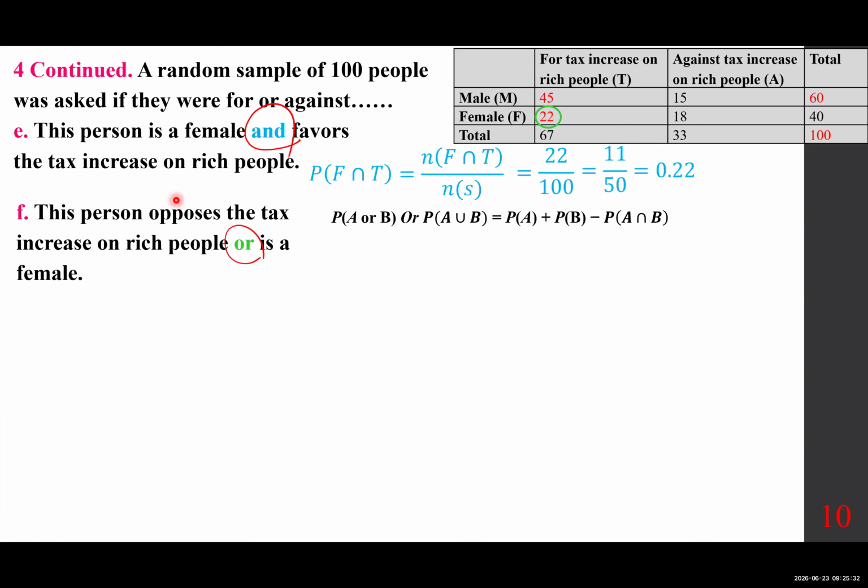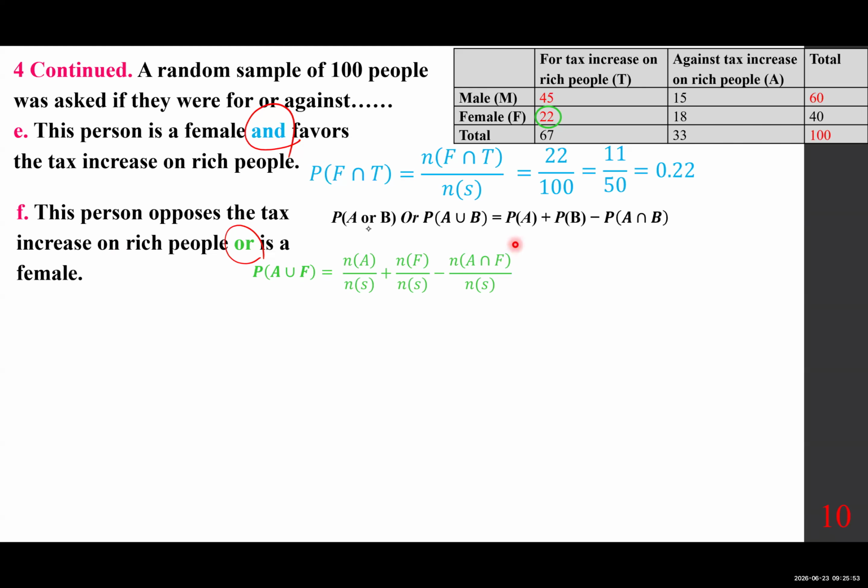So we want probability of A. This person opposes A, or female, A union F. So it's N of A plus N of F minus N of A intersection F over N of S. In other words, please understand their intersection happened 2 times.